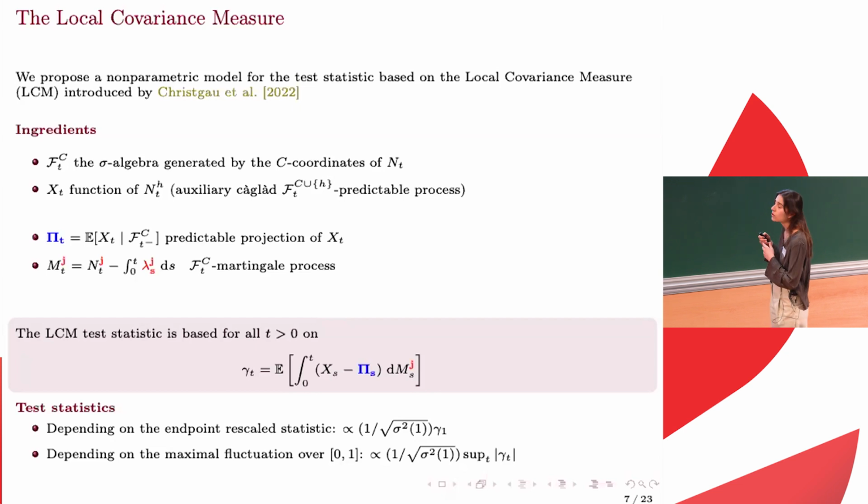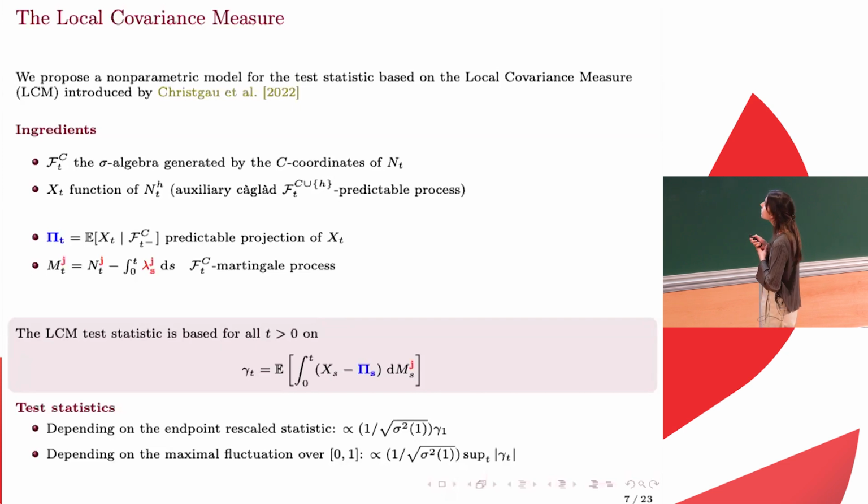Let's consider X to be a function of my treatment process. Then I look at the expected value of my treatment given my information until t minus, which is the predictable projection of X_t, and I consider the martingale given by the coordinate of the outcome.